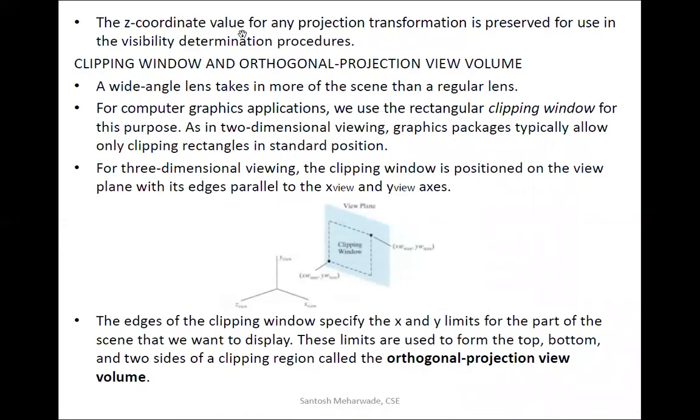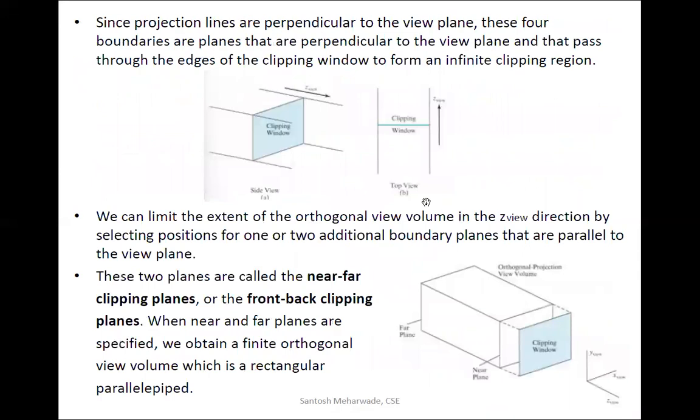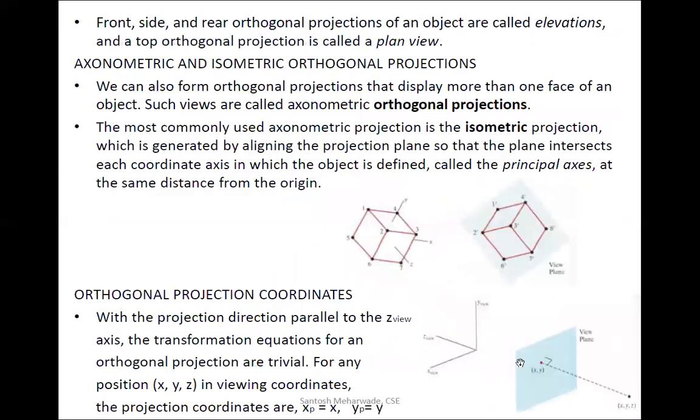The z coordinate value for any projection transformation is preserved for use in the visibility determination procedure. So it indicates that this z value is counted whenever we have multiple objects over here. Which object is near to the viewer, which object is away from the viewer, and which object is covering the other object.